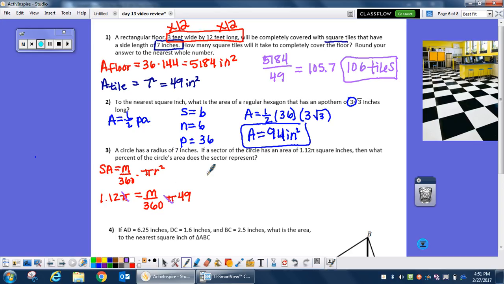And I'm going to rewrite this so we can see what we need to multiply by. 1.112 equals, this is the same thing, 49 over 360 times m. So what I would do is multiply by the reciprocal. Okay.